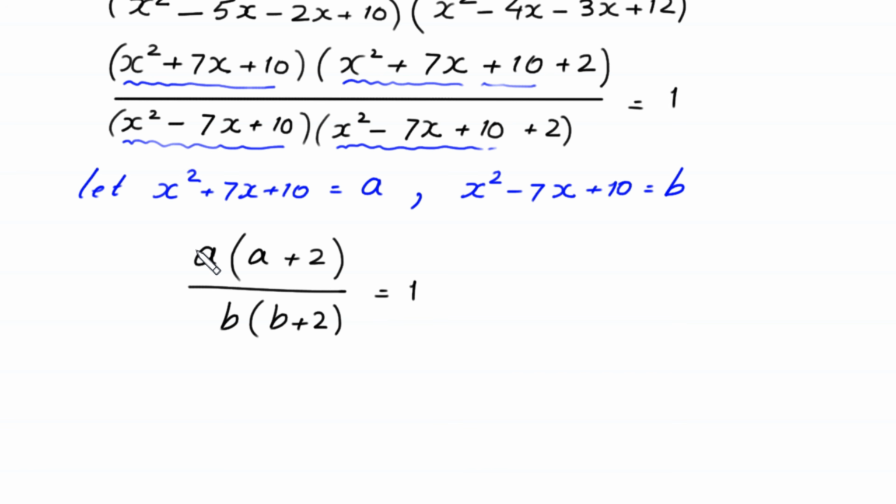Now this a times a squared plus this a times 2, 2a, divided by b times b squared plus b times 2, 2b is equal to 1.